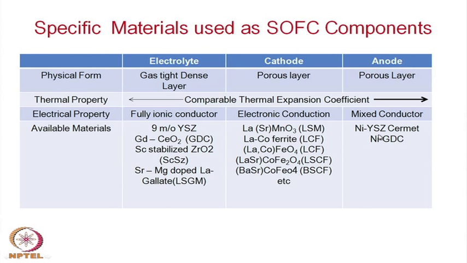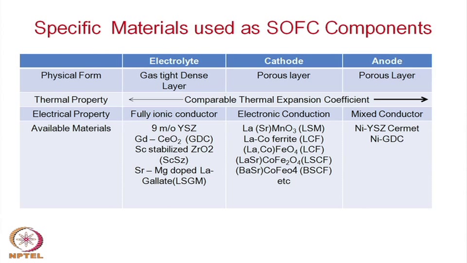So, we need electronic conductivity, so nickel or the metal provides that, and to reduce the thermal expansion coefficient, one mixes the electrolyte also with that. But obviously, nickel has a much higher electrical conductivity than YSZ. So, the overall conductivity gets reduced.